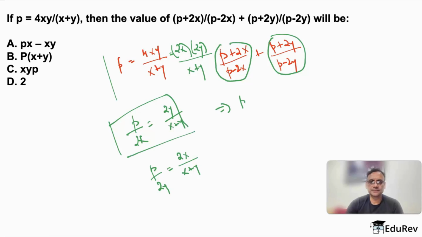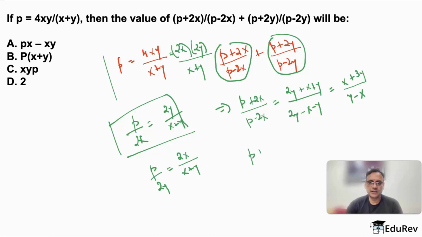P plus 2x upon p minus 2x is 2y plus x plus y upon 2y minus x minus y, which is x plus 3y upon y minus x. And similarly, p plus 2y upon p minus 2y is equal to 2x plus x plus y upon 2x minus x minus y, which is 3x plus y upon x minus y.